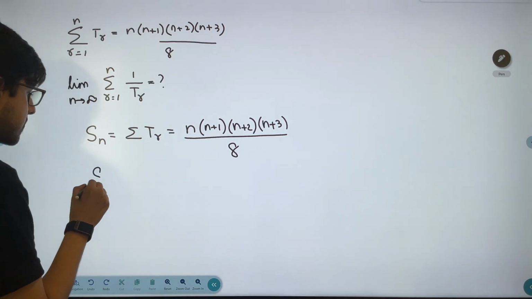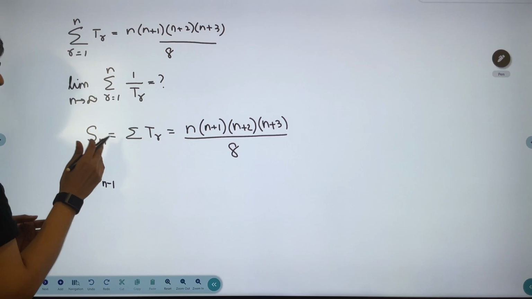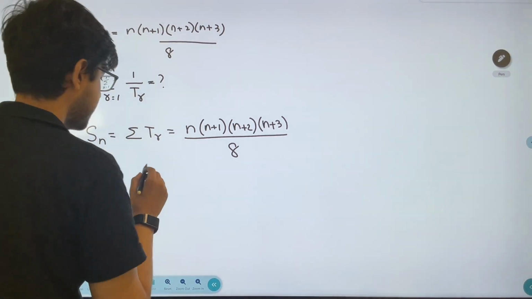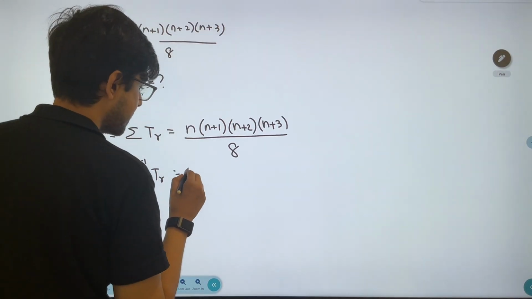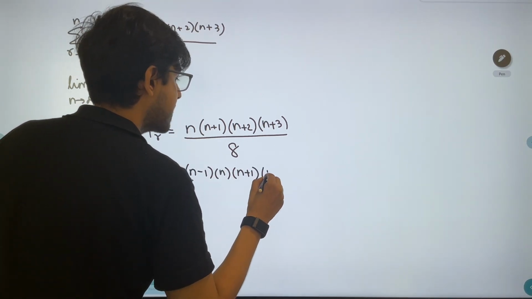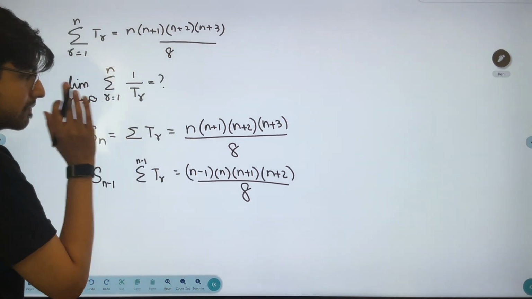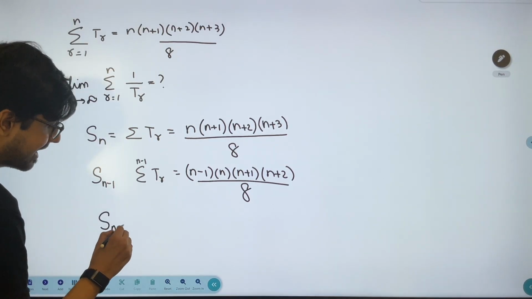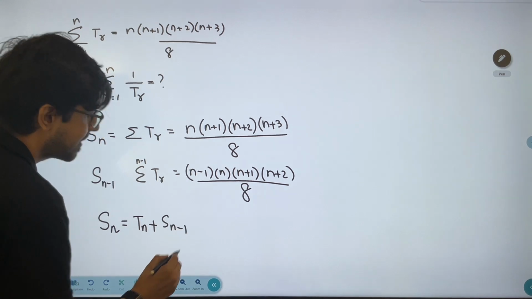Now, I'm going to define Sn minus 1, because for Sn, I can take the summation from R equals 1 to n minus 1 as summation TR till n minus 1, which is n minus 1, n, n plus 1, n plus 2 by 8, by simply replacing n with n minus 1. And it is for us to understand that Sn is actually Tn plus Sn minus 1.